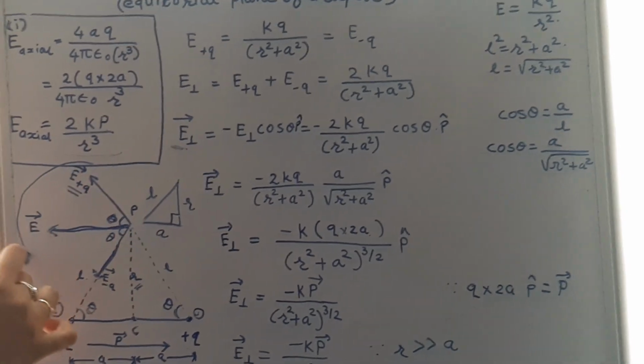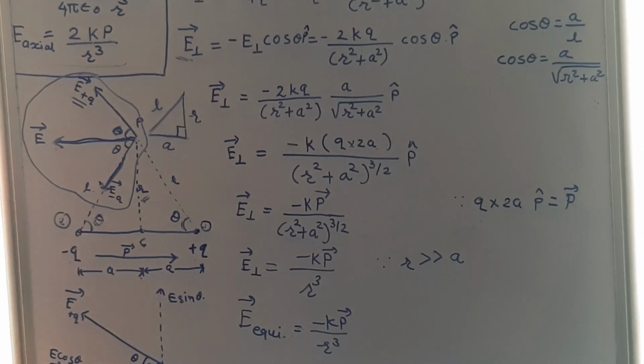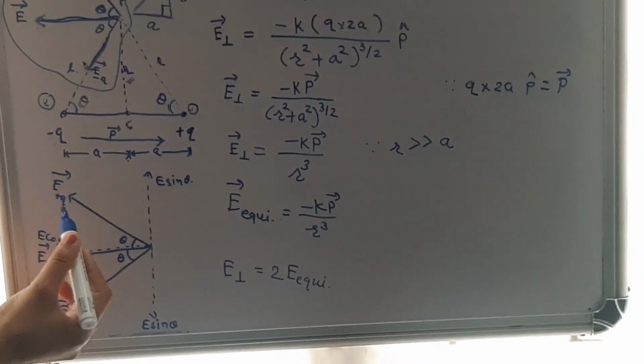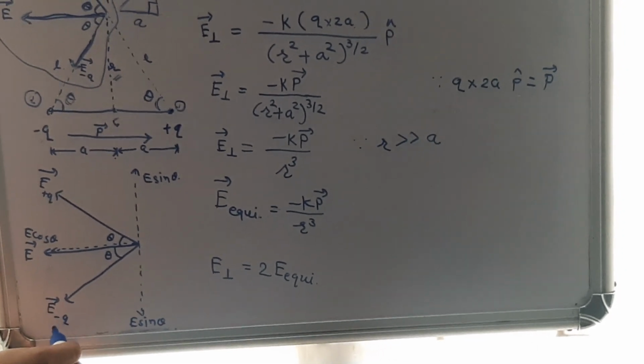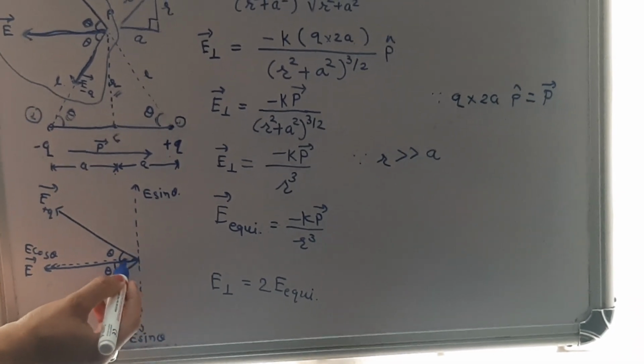have to understand this much of the portion first. So I have drawn it separately over here. See, here E plus Q and E minus Q are directed towards below, and the net electric field is E. So if I write the components, this is theta.